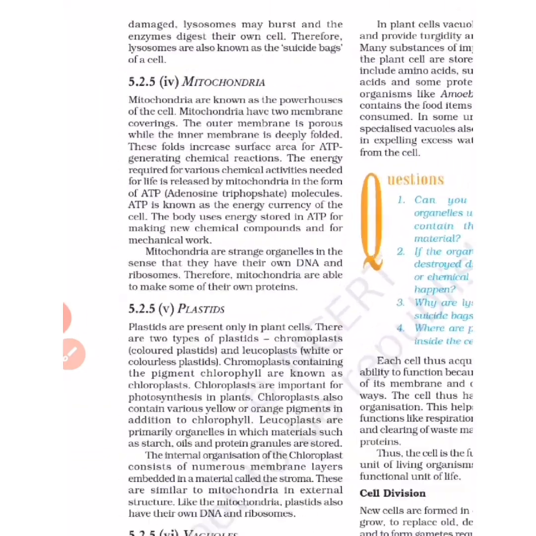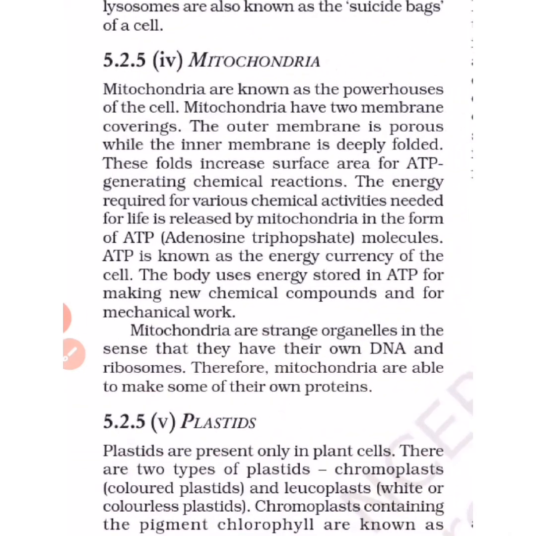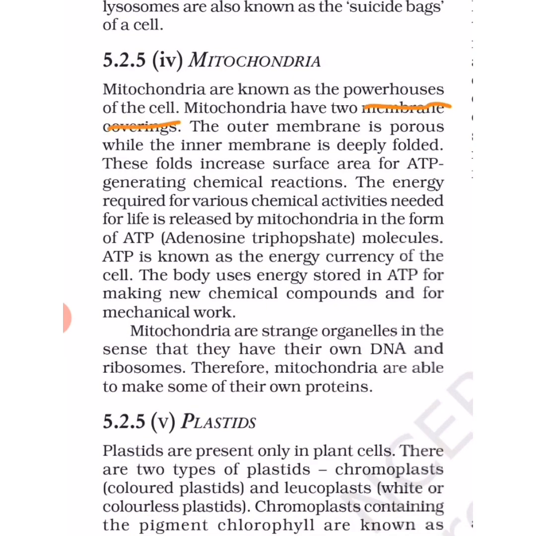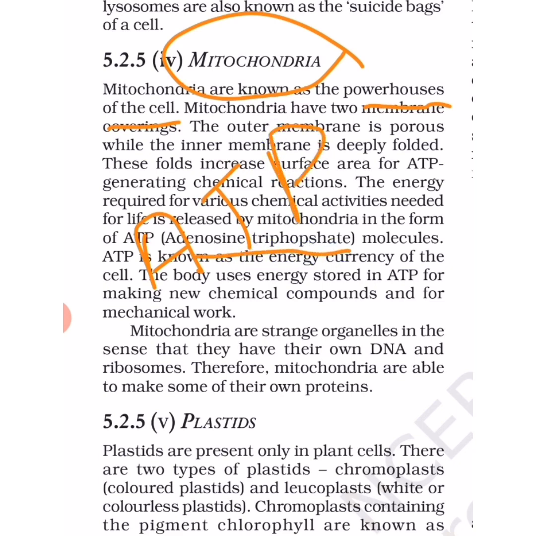Next comes the mitochondria. Mitochondria are known as the powerhouse of the cell. The nucleus was known as the powerhouse of the genes, but the powerhouse of the cell is the mitochondria. They are known as the powerhouse of the cell because they generate ATP, adenosine triphosphate, which is the energy currency of the cell.